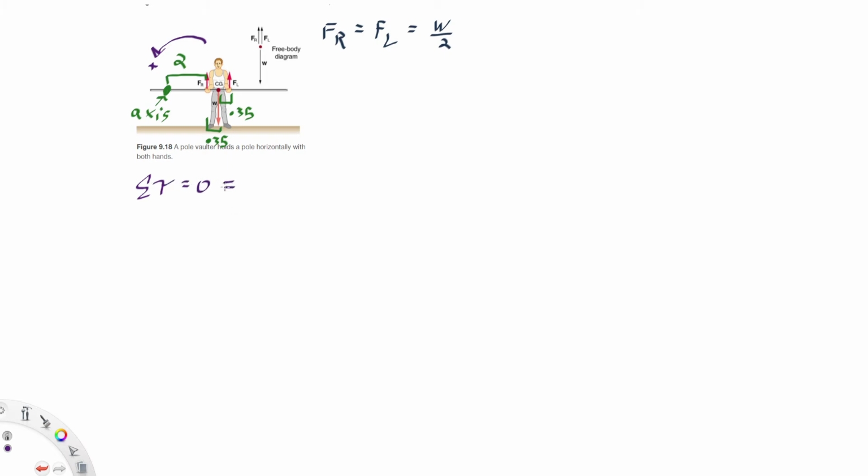And the torques that we've got here are Fr times the distance to the axis, which is 2. Is Fr going to be a clockwise or counterclockwise torque?